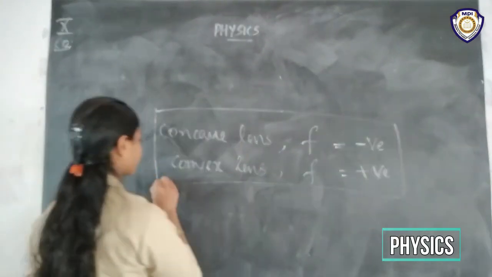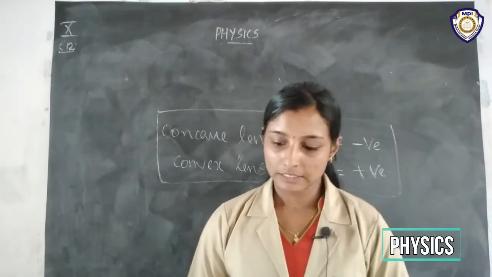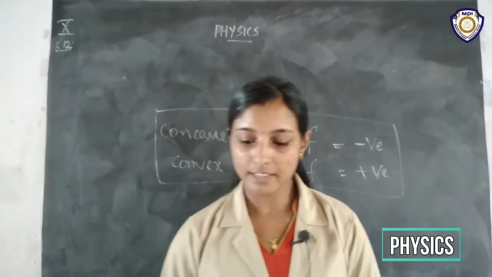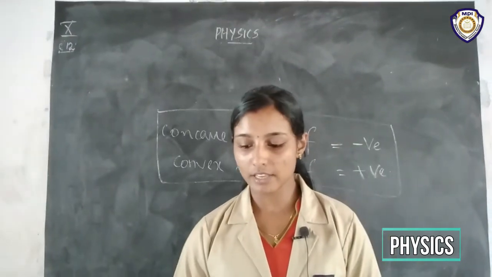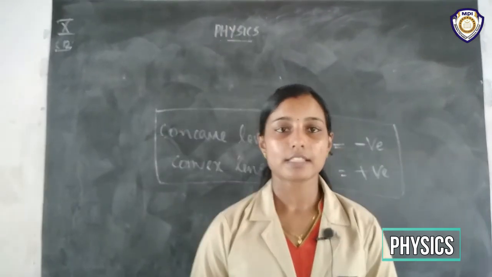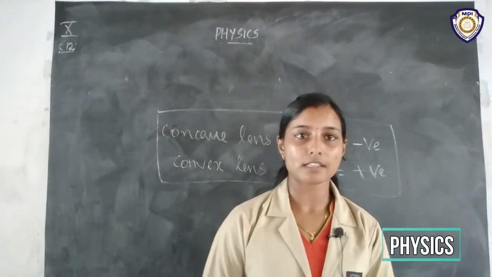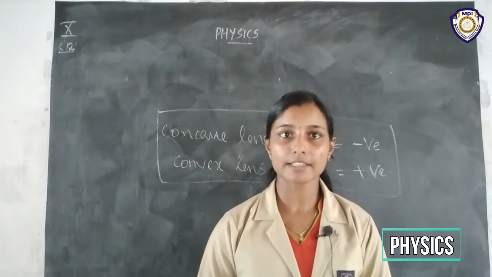And we also have to take care of the sign conventions for the values of U, V, F. That means object distance, image distance, focal length, and all related quantities, right?